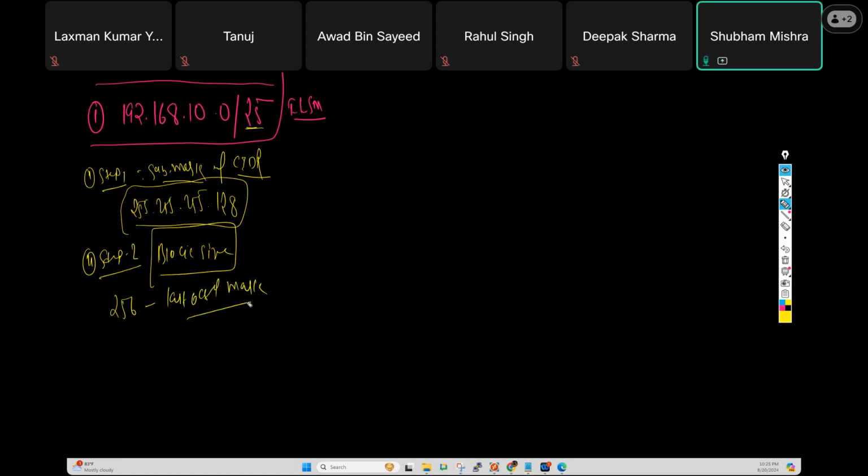In your subnet mask, what is the value in the last octet? 128. So 256 minus 128, what will be the value, guys? 128. So this is called the block size. In step number two, you have to calculate this one.